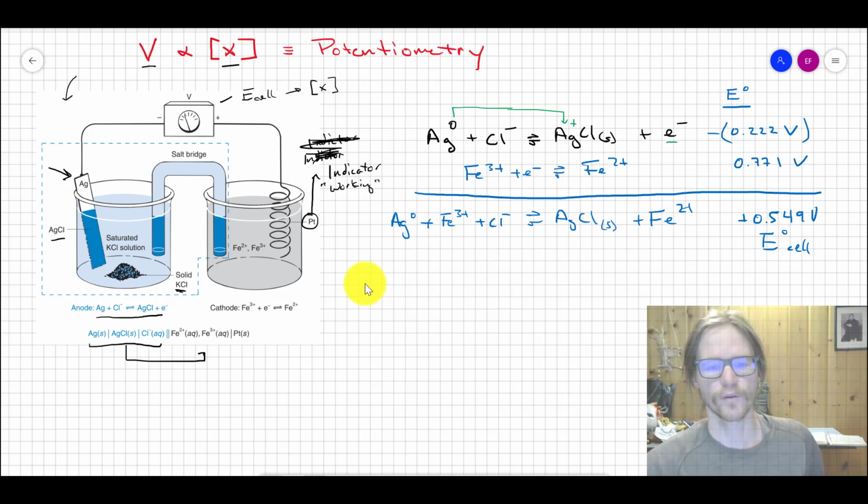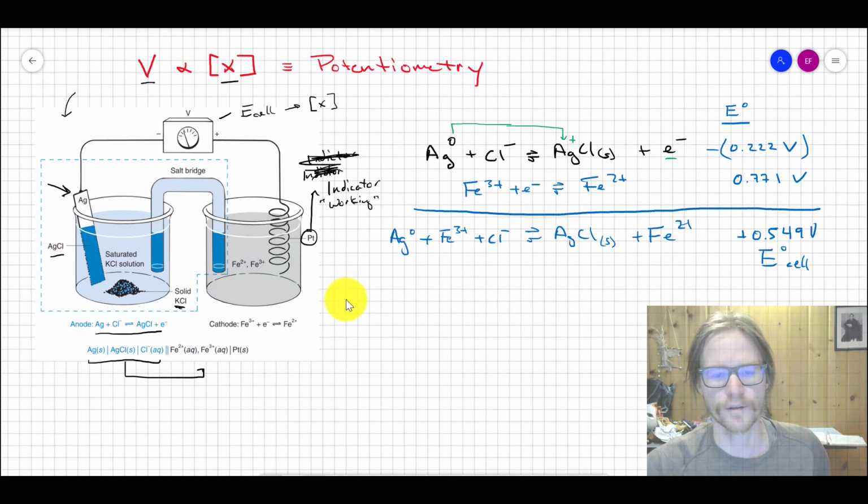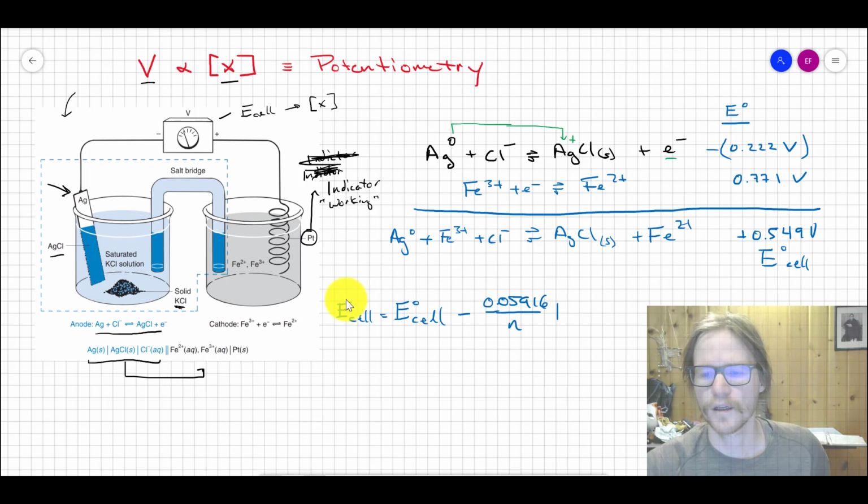So from here we can just draft up a full cell Nernst equation. So that becomes E cell equals E naught cell minus 0.05916 over n, being the number of electrons transferred in the system, just being 1 here, log base 10, and this becomes the product over the reactants.